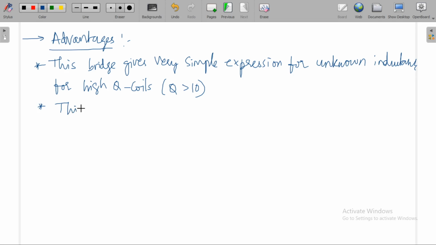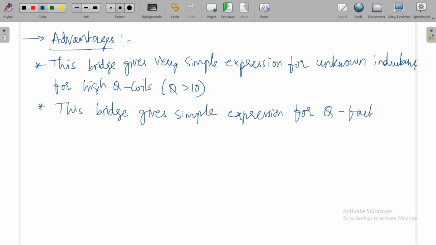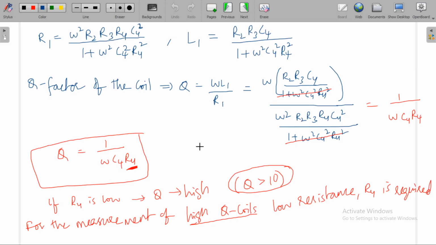This bridge gives a simple expression for Q factor. The expression for Q factor is very simple.